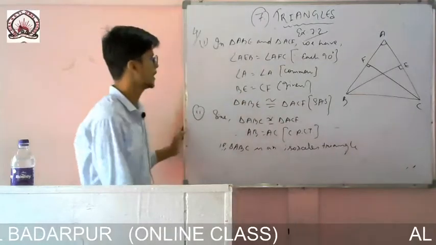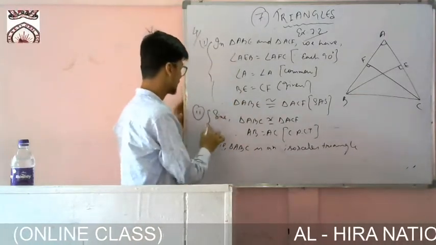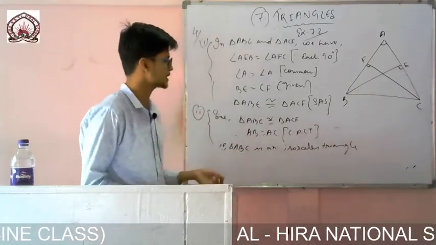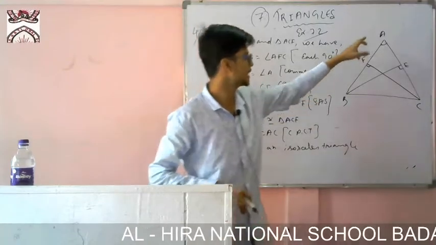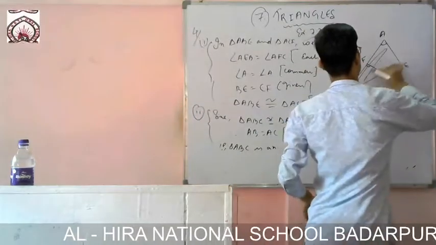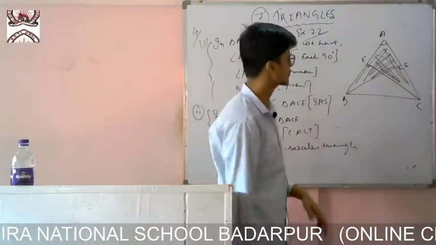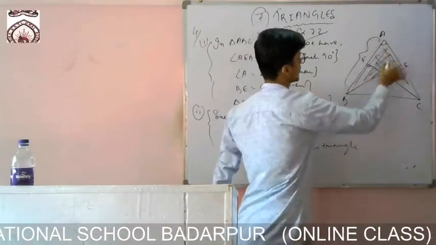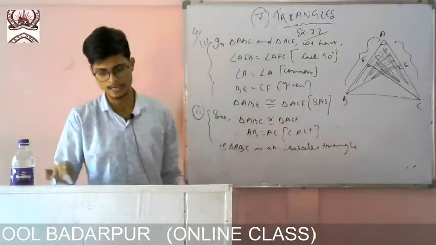Okay, what we have done: first of all I have proved that these two triangles are equal, and after that I have just written that since these two triangles are congruent, they are corresponding. Triangle ABE, that means this triangle, is congruent to this one. So if these two triangles are congruent, that means these sides are also equal, because corresponding parts of congruent triangles are equal.